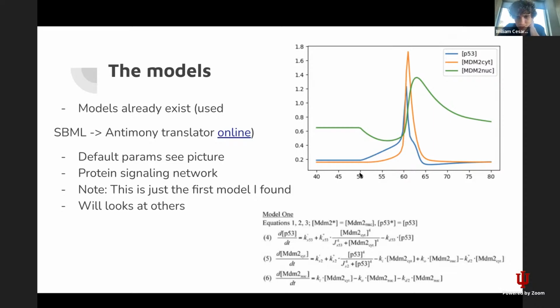Around time equals 50, DNA damage occurs, and this results in a quick drop in the MDM2 protein in the nucleus, which results in an increase in P53. And since P53 is increasing, this causes MDM2 to shoot up, because we need MDM2 to keep P53 at a low level. P53's level in steady state is normally super low.